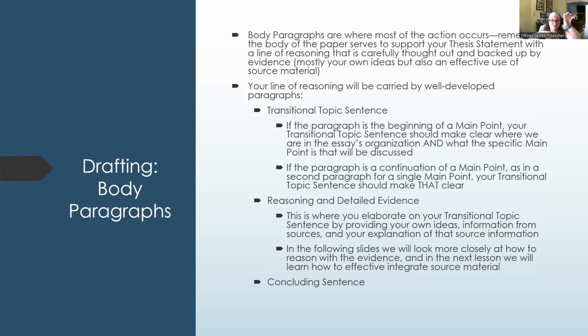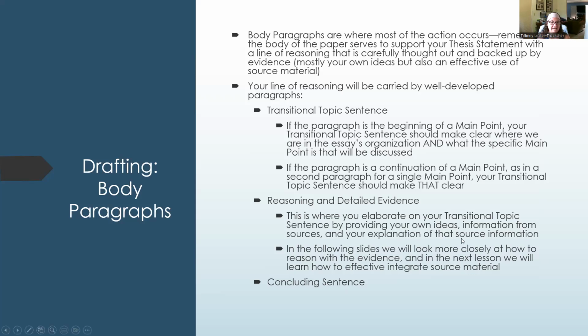But then you need another paragraph. The transitional topic sentence for this next paragraph should make it clear that we are continuing the discussion of this main point. We're just looking at a different aspect of that main point.